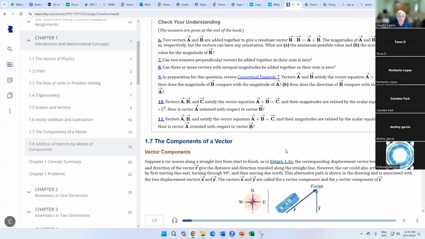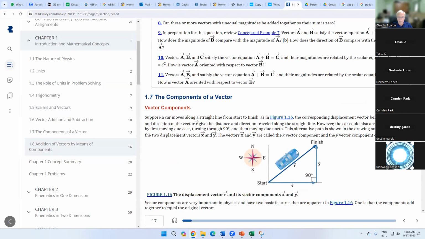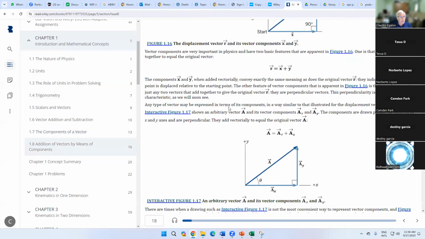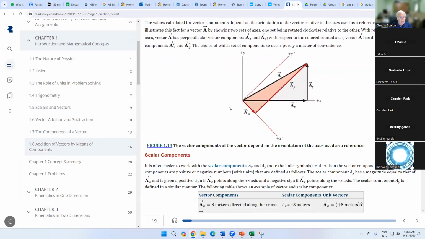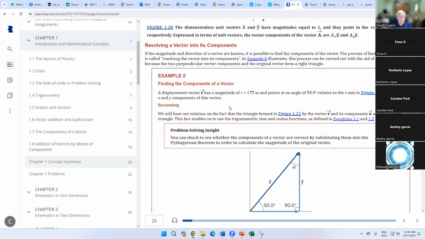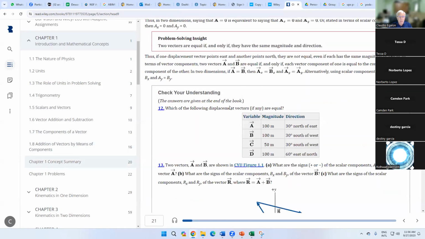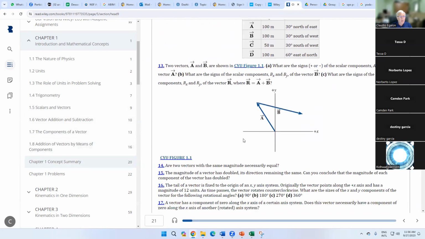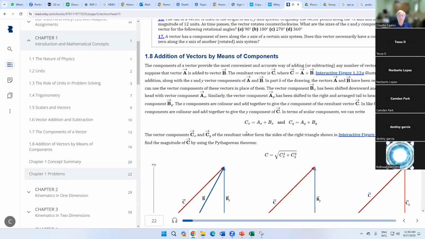So the scalars and vectors part is not going to be included on the exam, right? No, not on the first exam. In the second exam only. Okay, thank you. And so now we finish chapter 1, because we also did addition of vectors by means of components, right?